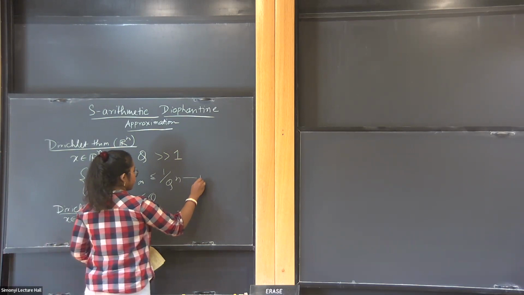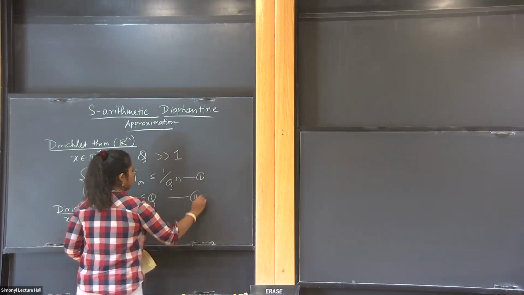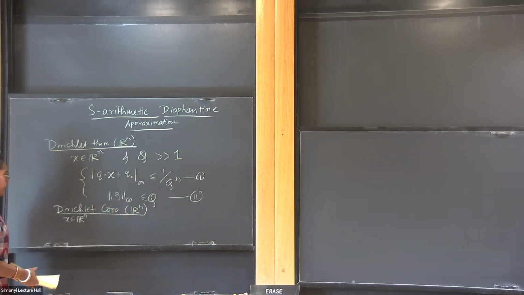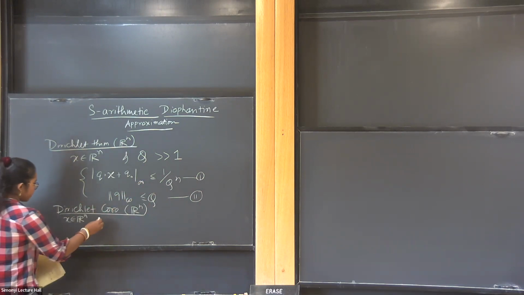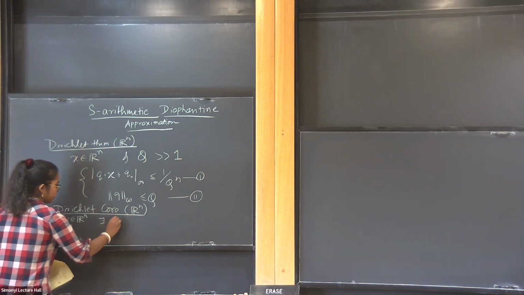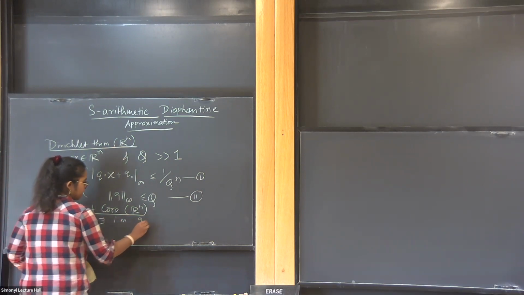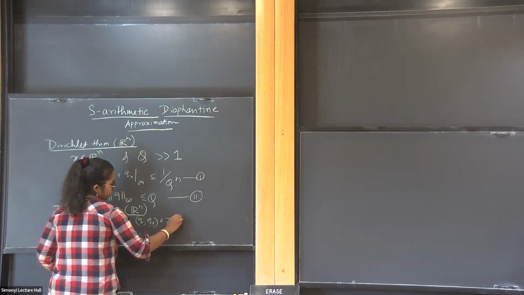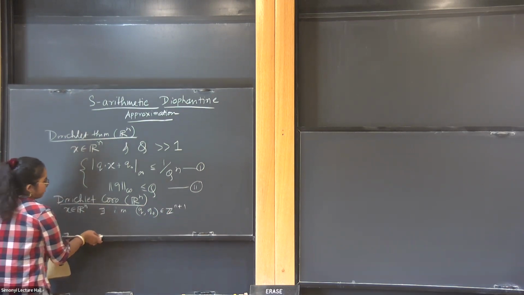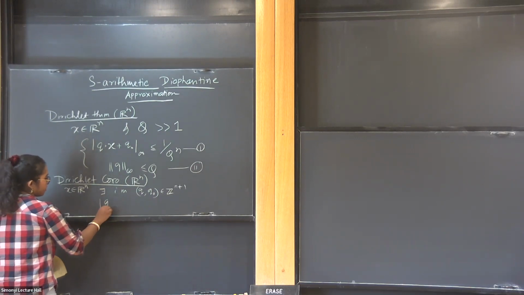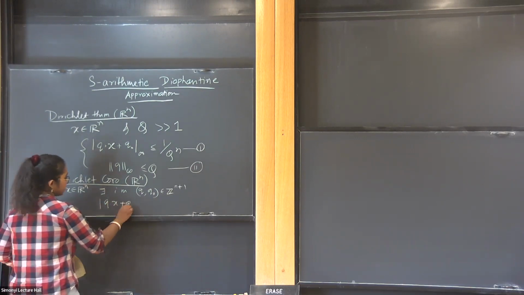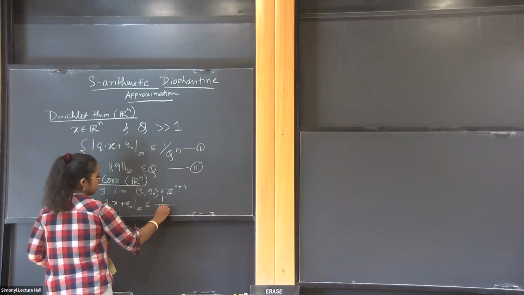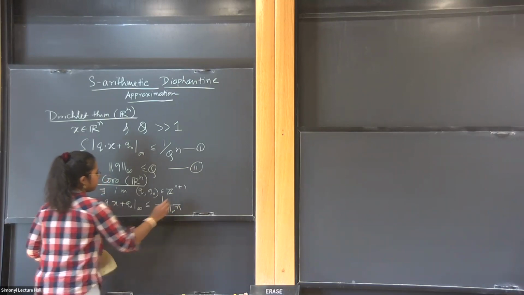There are two inequalities, so if you just plug the second inequality into the first one, then you can say that there are infinitely many non-zero integer vectors q such that |q dot x plus q0| is less than 1 over Q to the power n.